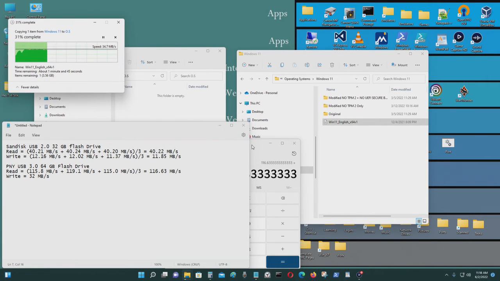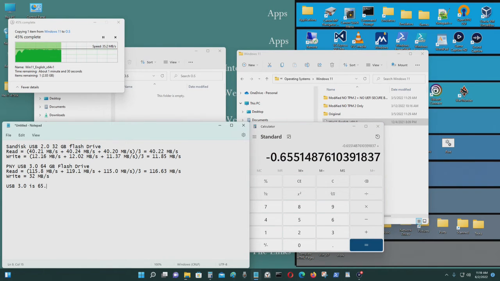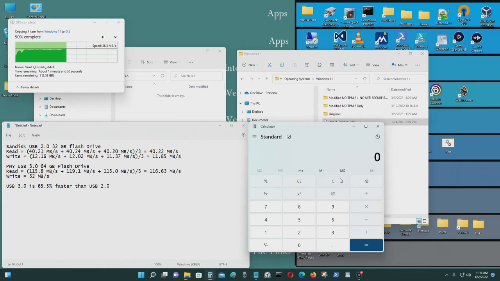Just let that continue. So let's see how much faster it is. It's 65.5% faster than USB 2.0 in read speed.